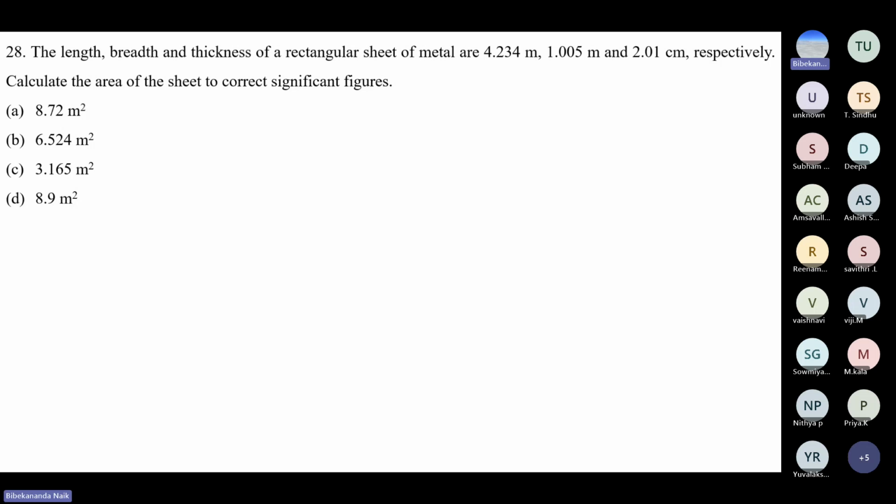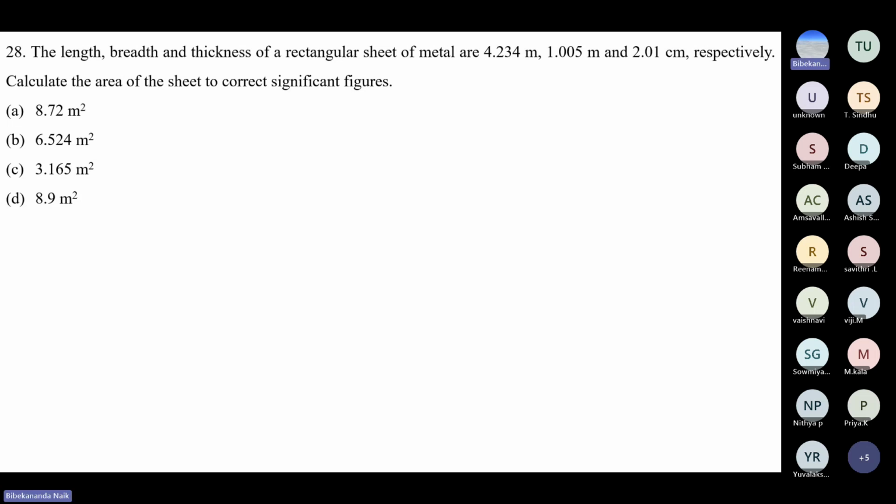The length, breadth, and thickness of a rectangular sheet of metal are 4.235 meter, 1.005 meter, and 2.01 centimeter respectively. Calculate the area of the sheet to correct significant figures. You simply have to calculate the area of the sheet, because it is a rectangular sheet and it contains length, breadth, thickness.